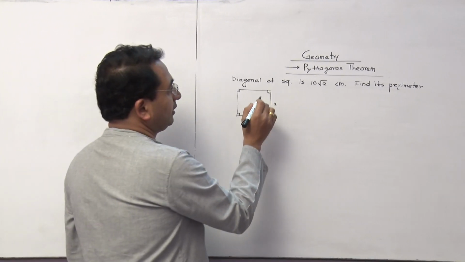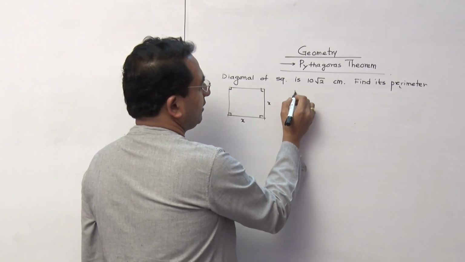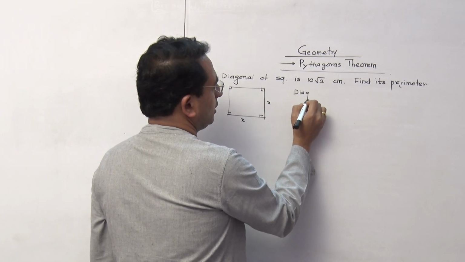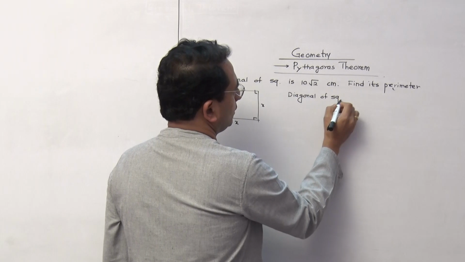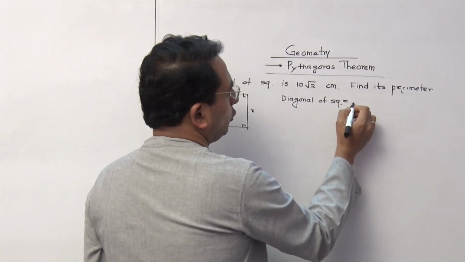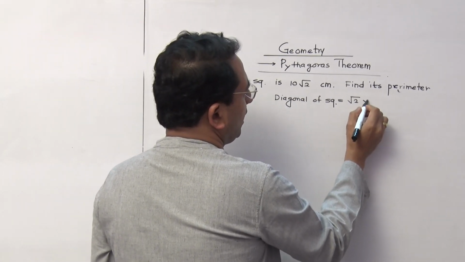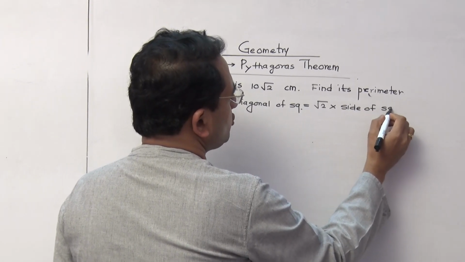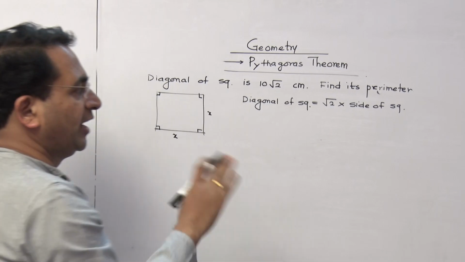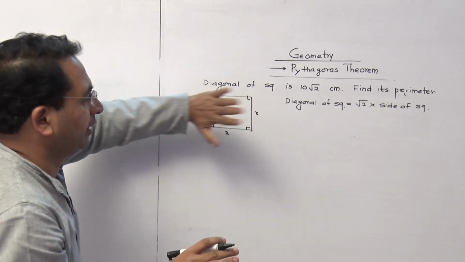We have to write a direct formula. That formula is like this. Diagonal of a square is nothing but root 2 multiplied by the side of the square. This is a very simple formula we have to use directly, no diagram expected.